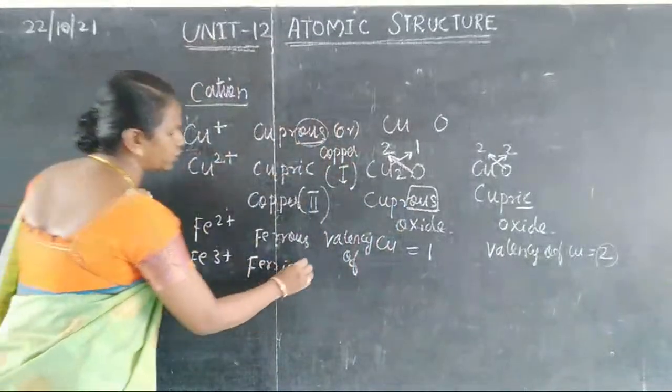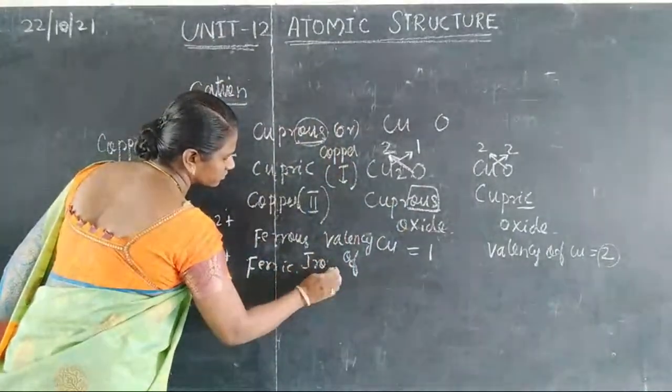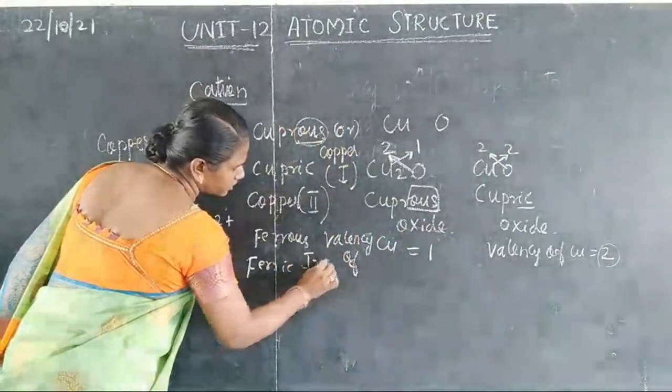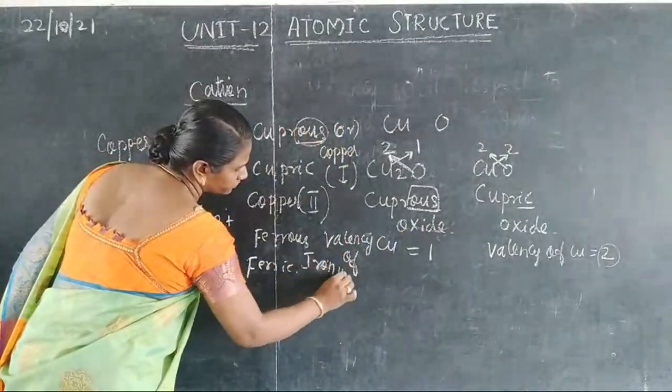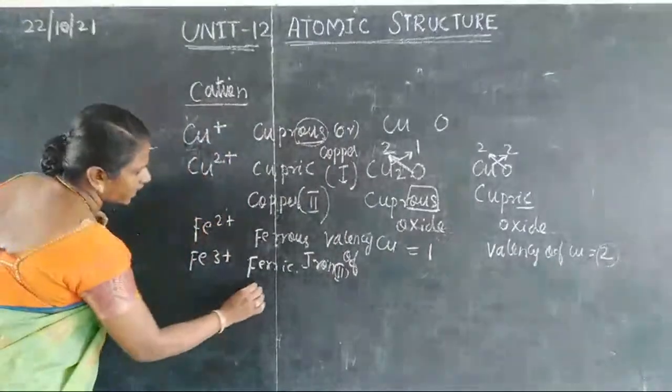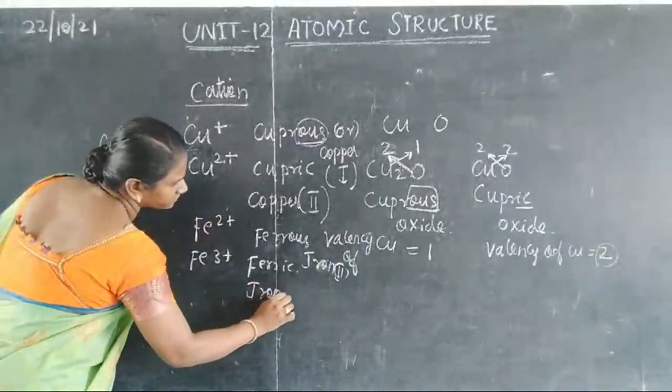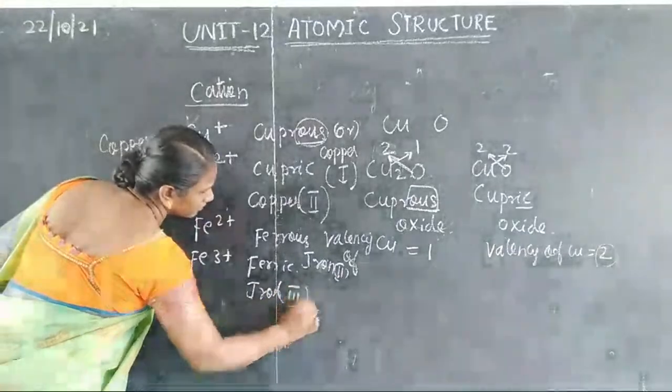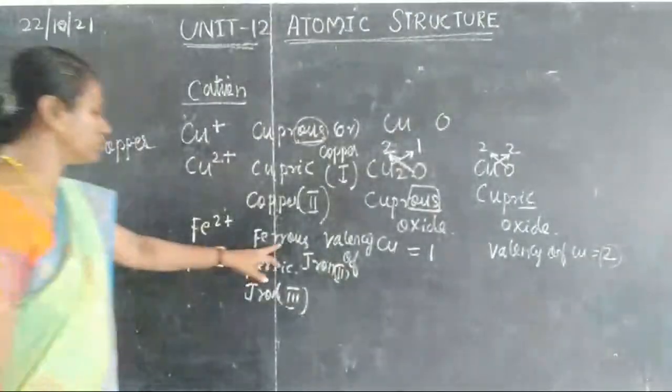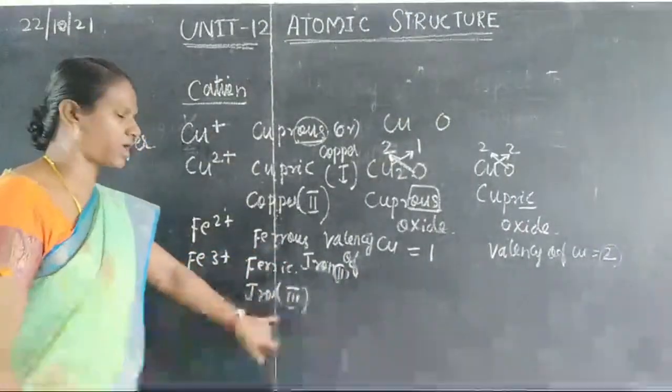Otherwise, you can write it as iron 2, and otherwise you can write it as iron 3.